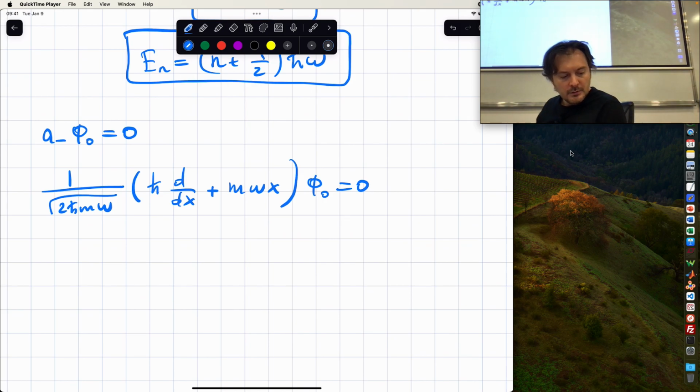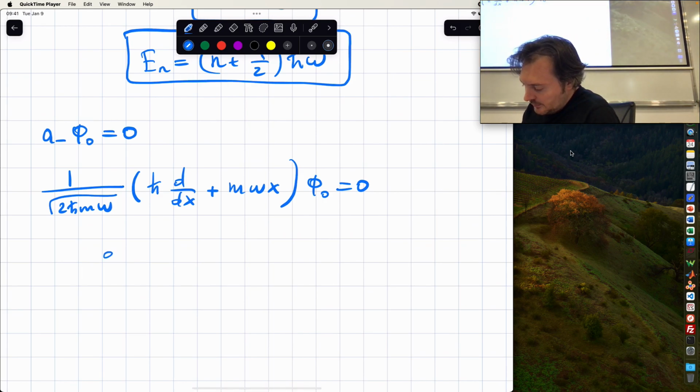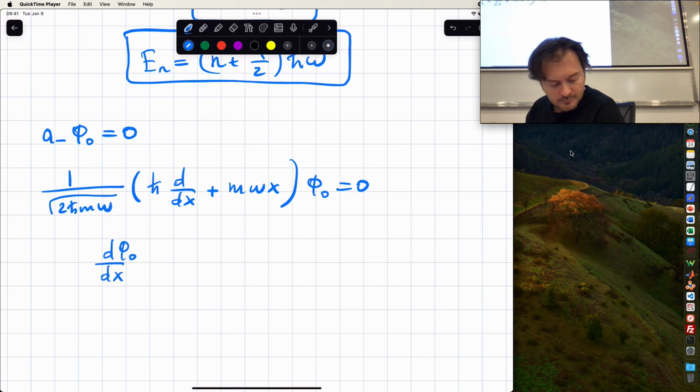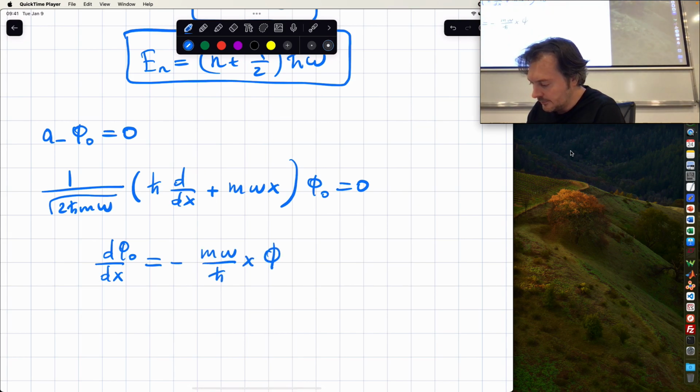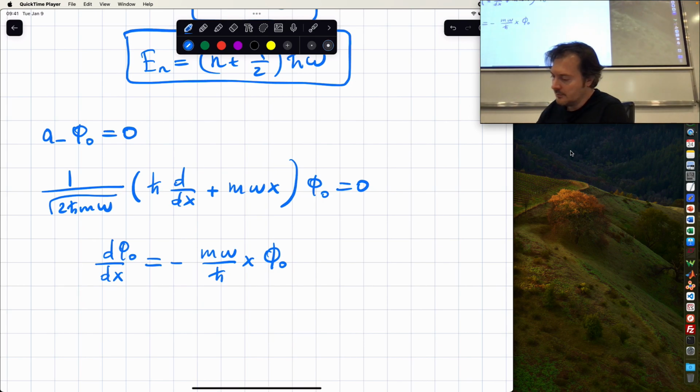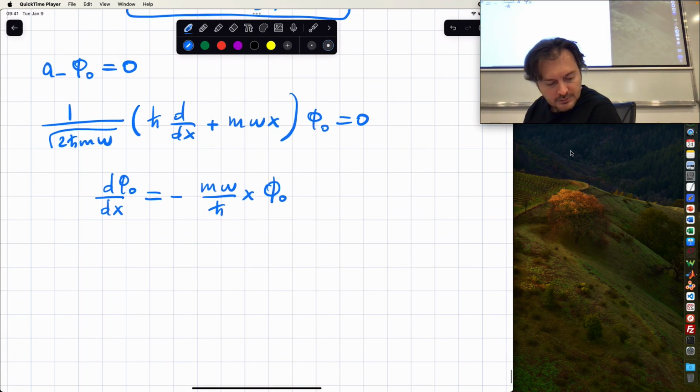Right? So d over dx phi 0 is equal to minus m omega over H bar x phi 0. Then you have d phi 0 over phi 0.